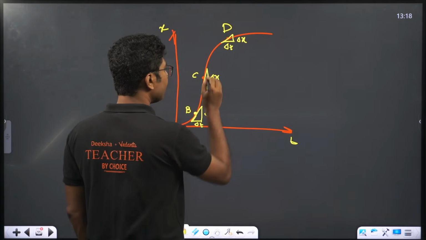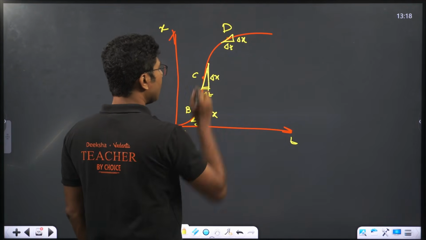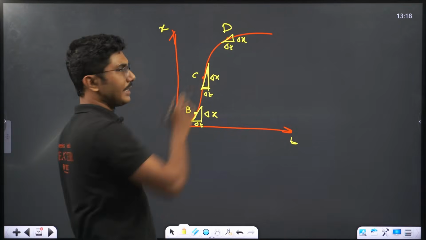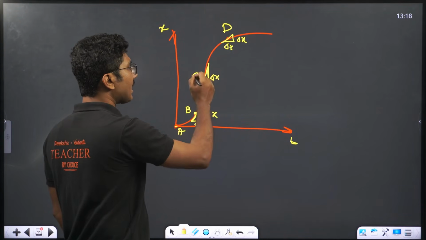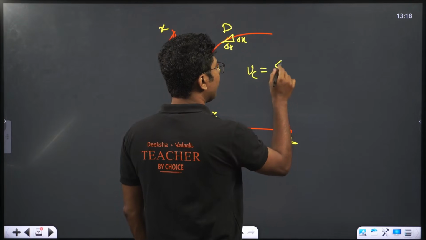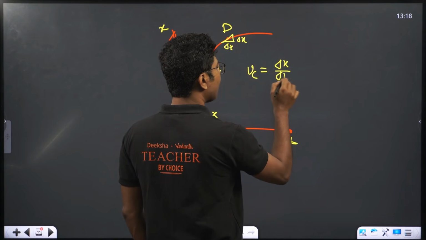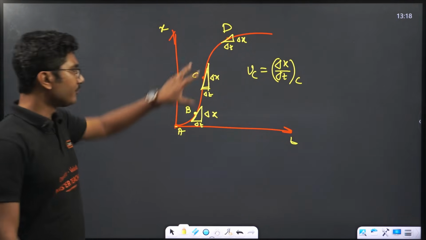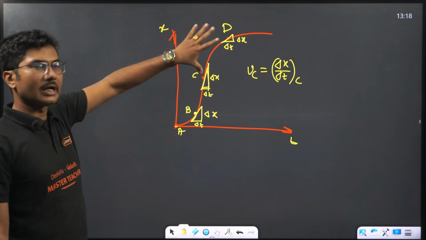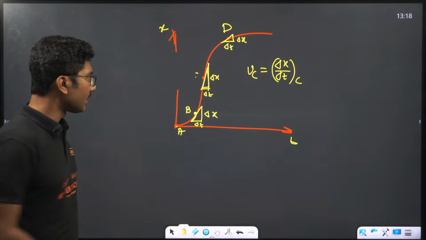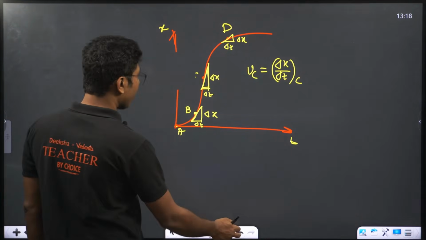This one has a very large delta x compared to the same delta t. If you keep delta t the same, delta x is much larger at C. So that means the velocity at C, which is delta x by delta t at point C, is bigger than at all other points. From the graph, the steepness of the graph is much more at point C.